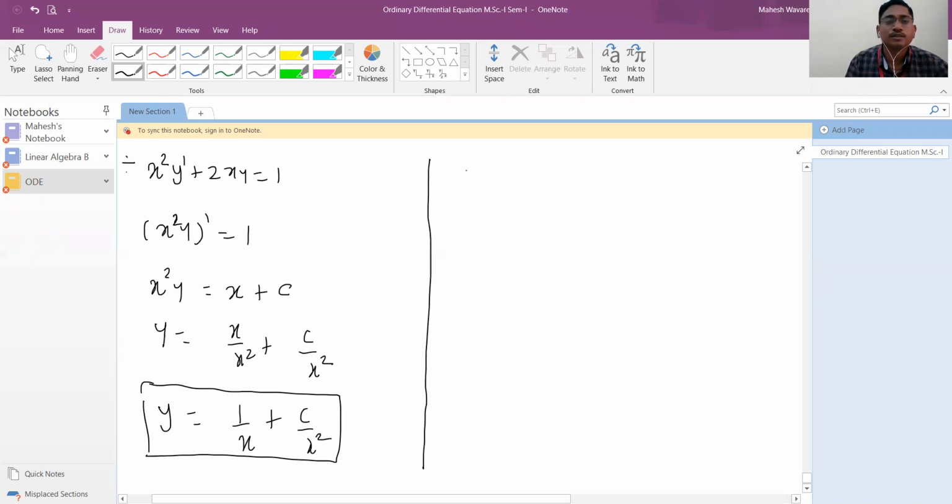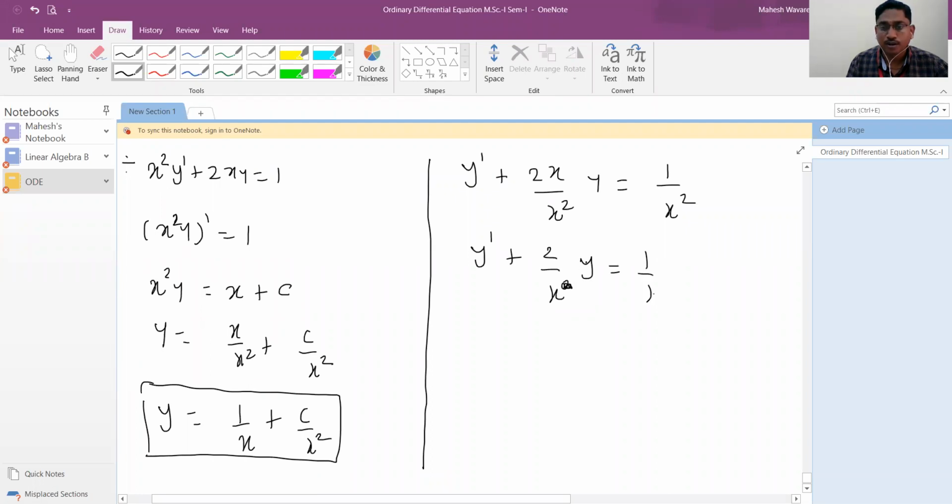What is the regular method? You adjust into standard form by dividing by x square on both sides. So your equation becomes y dash plus 2 upon x into y is equal to 1 by x square.